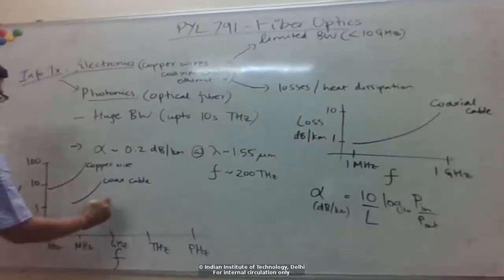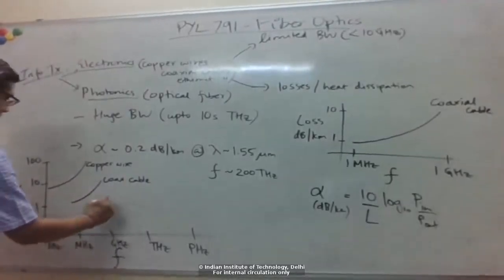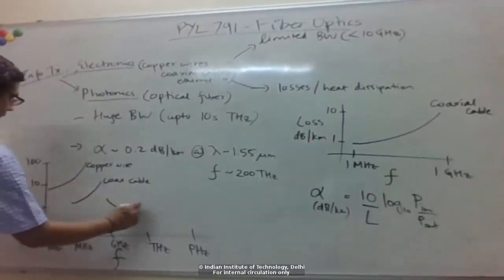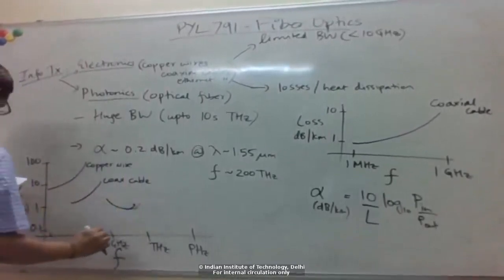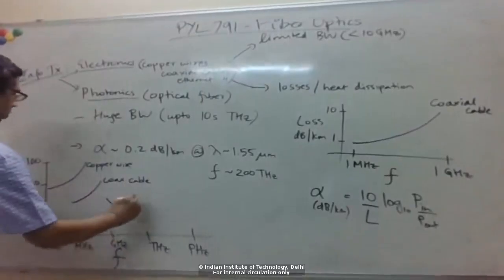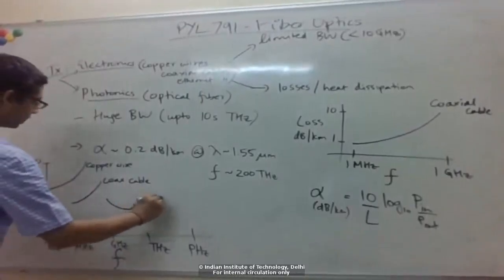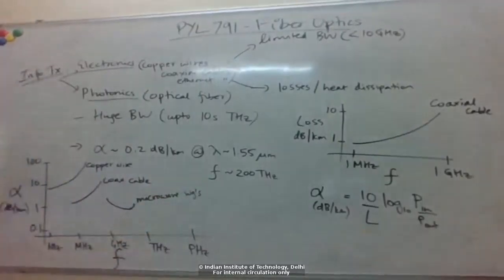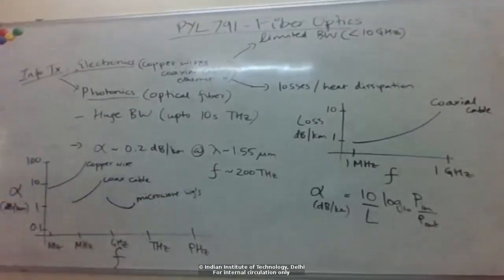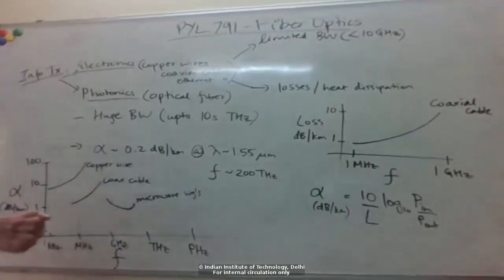Then you can go to more sophisticated technologies, like microwave waveguides, where you can go to maybe tens of gigahertz of frequency at about a unit of loss per kilometer.